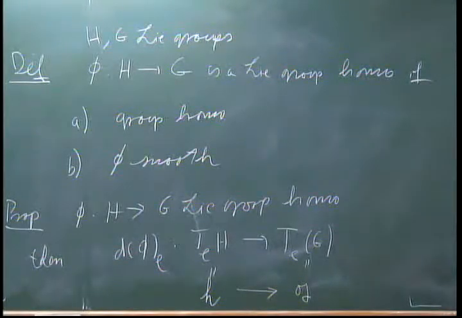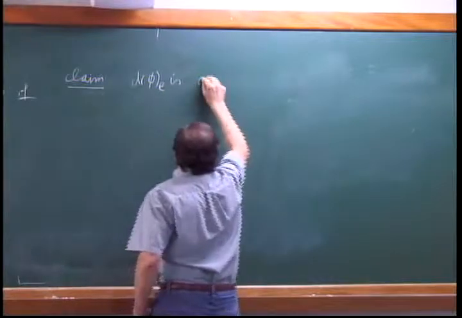and now the natural claim is that d phi at E is a Lie algebra homomorphism.